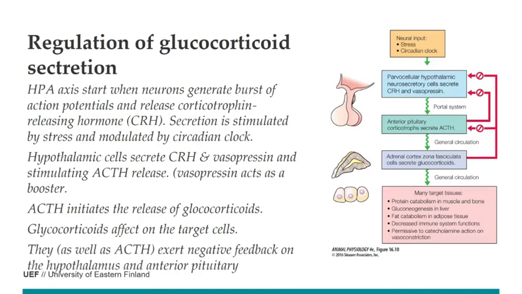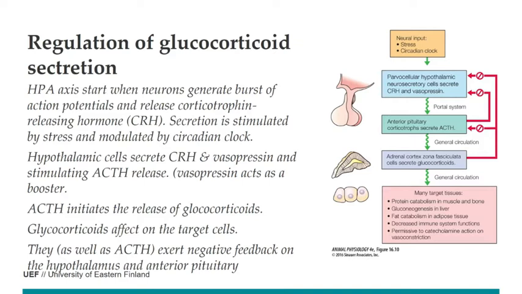So when we have glucocorticoids in the circulation, that will prevent the release of corticotrophin releasing hormone CRH, and then it will limit the release of ACTH. So that means that you only have quite short pulses of glucocorticoids in the circulation.